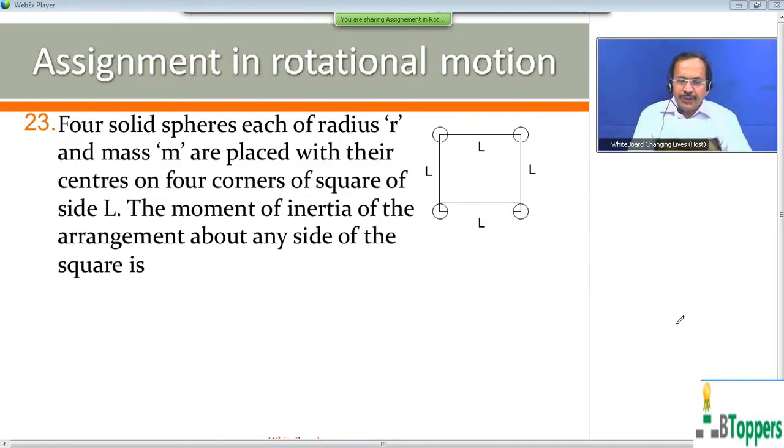See the question number 23. Four solid spheres each of radius r and mass m are placed with their centers on the four corners of a square of side L. The moment of inertia of the arrangement about any side of the square is. Number all the four spheres 1, 2, 3, 4.